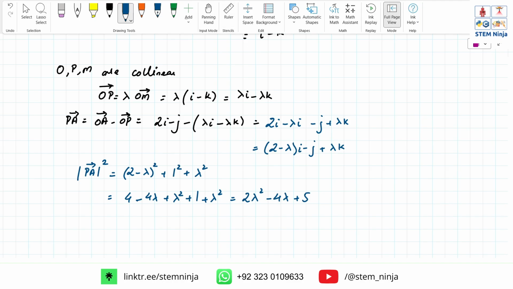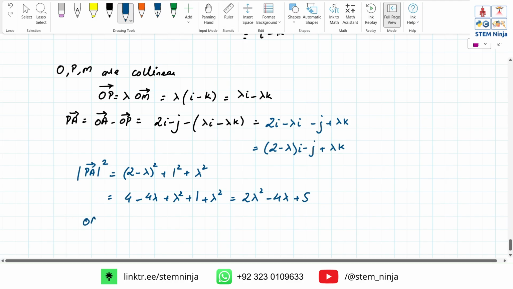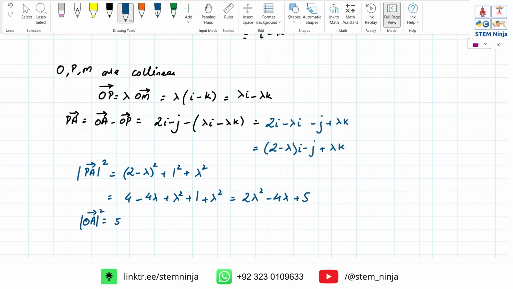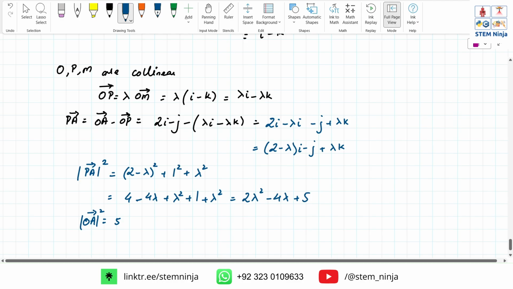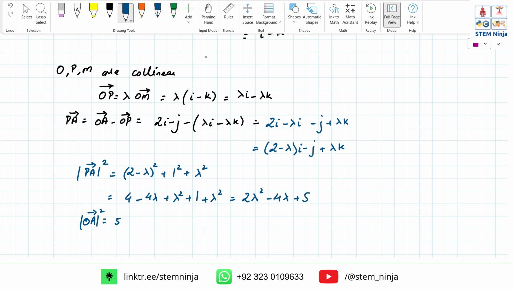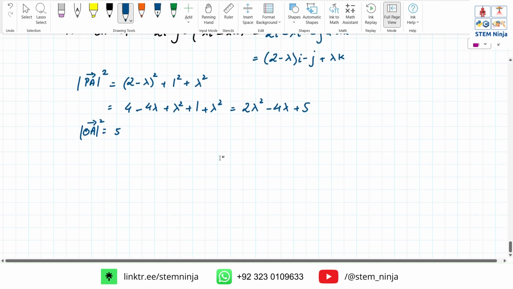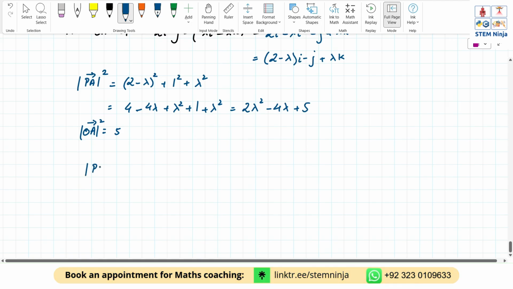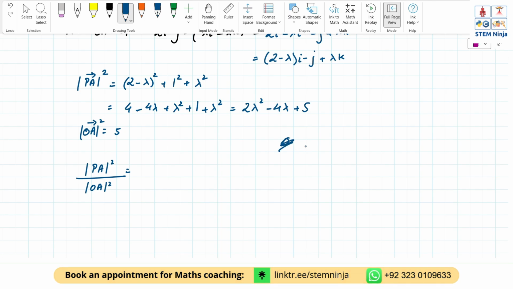On the other hand, we know OA whole squared was equal to 5, because the length of OA was root 5. So now all we need to do is use the ratio. The condition given was PA to OA is root 7 to 1.